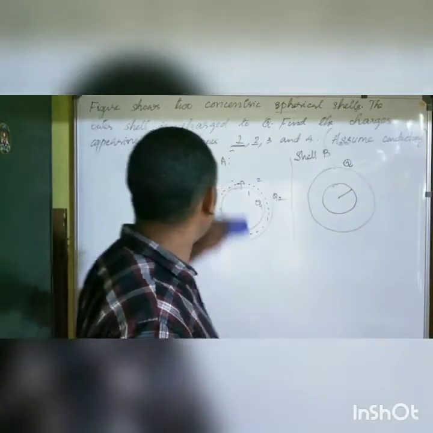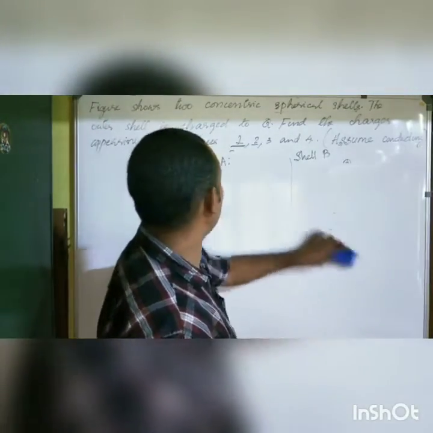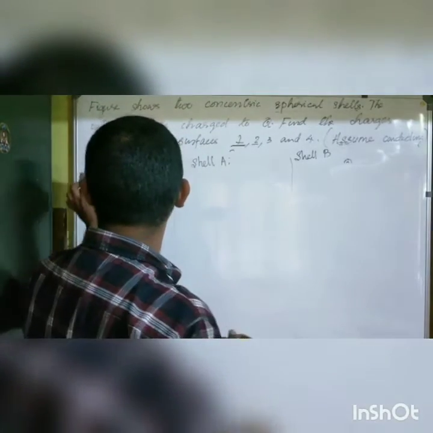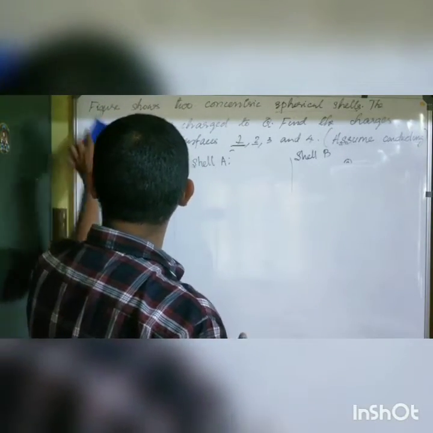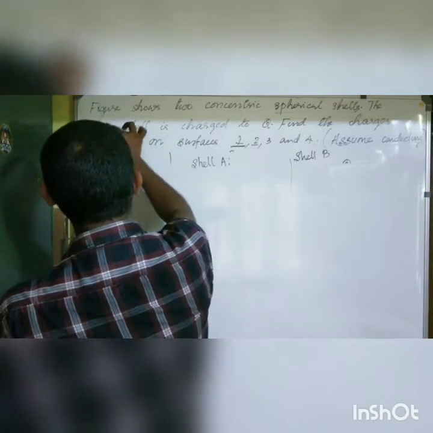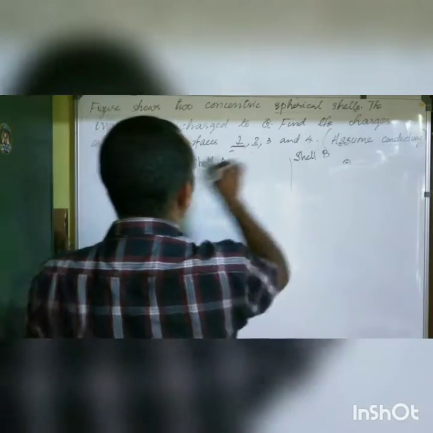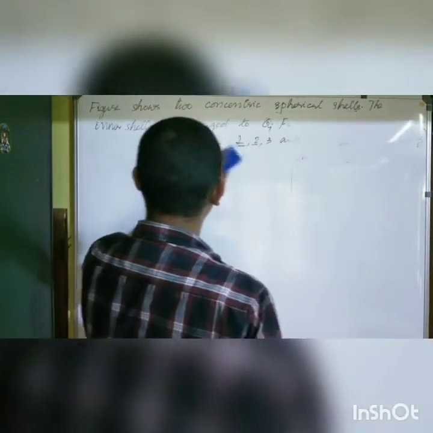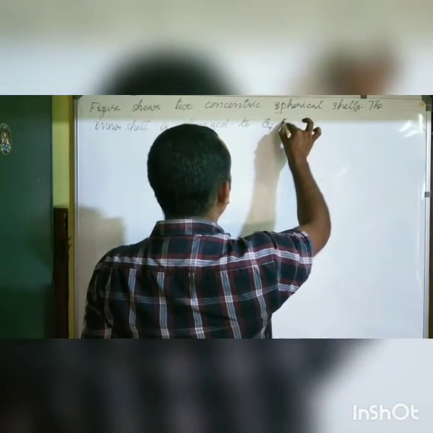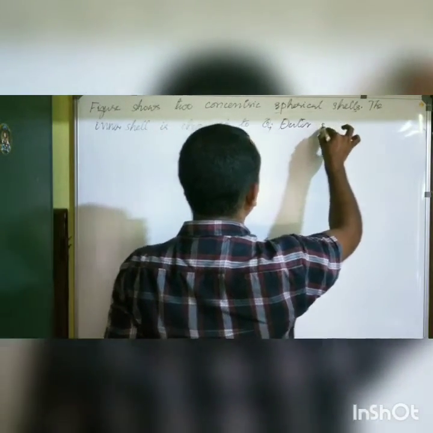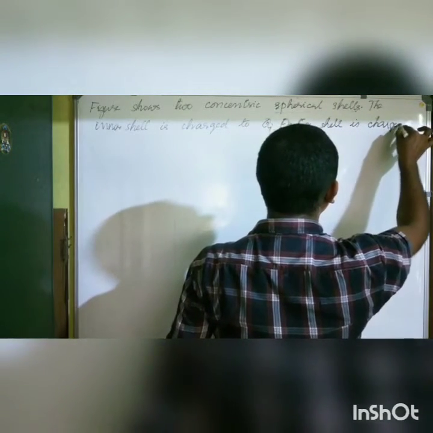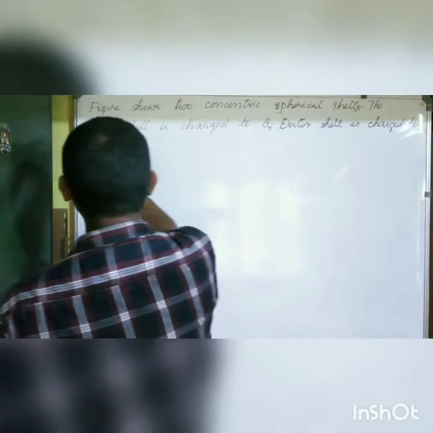Now I'm going to take the learning into another question. The figure shows two concentric spherical shells. The inner shell is charged to Q1 and the outer shell is charged to Q2.